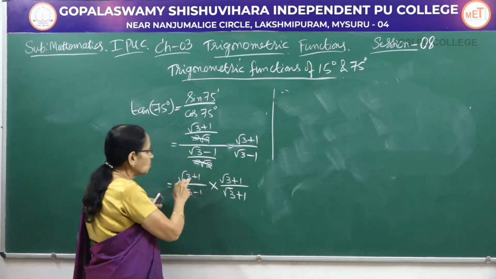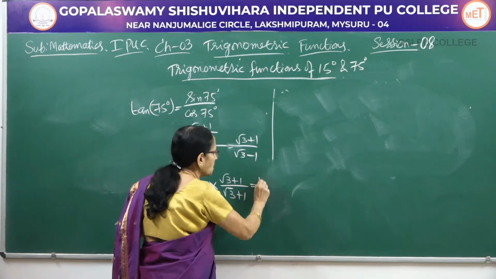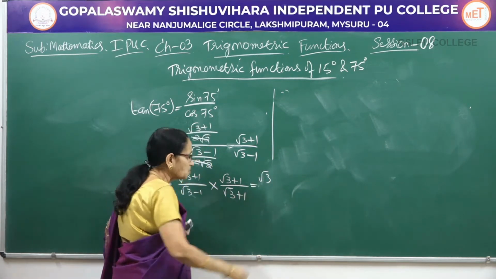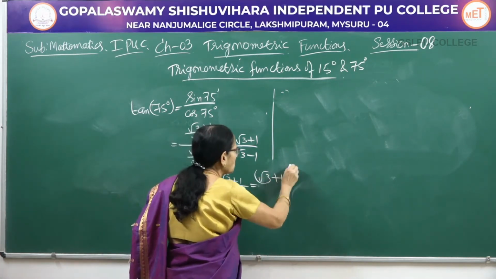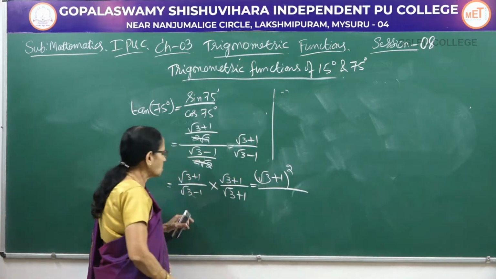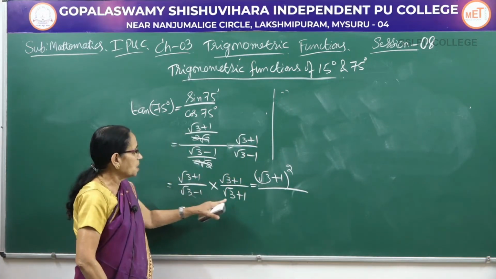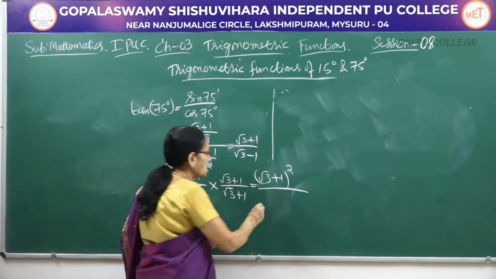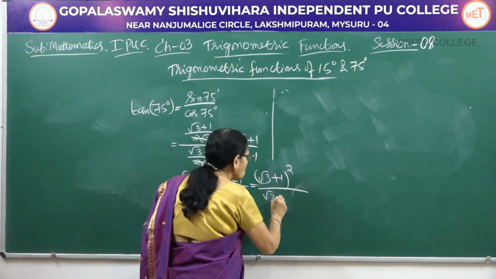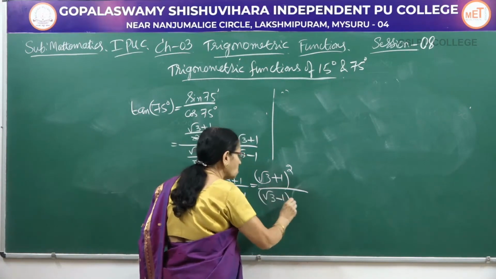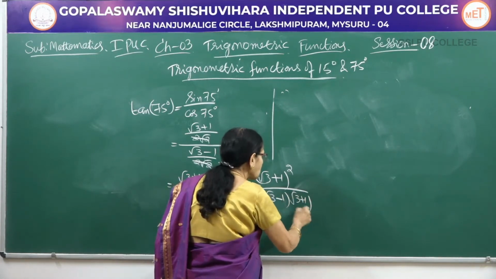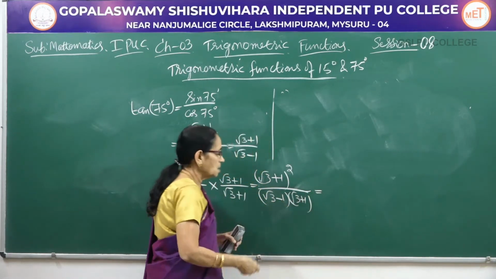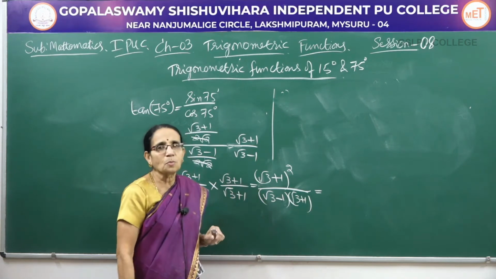Now, numerator root 3 plus 1 into root 3 plus 1 means it is root 3 plus 1 the whole square, divided by, look here, root 3 minus 1 into root 3 plus 1. In the next step, we use the formula. Look at the numerator.